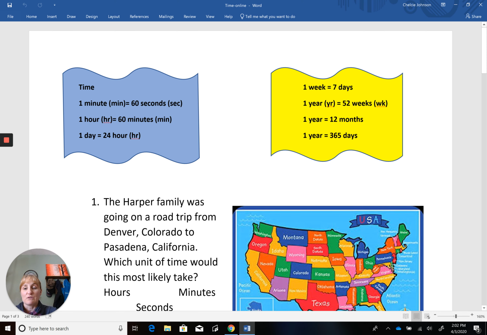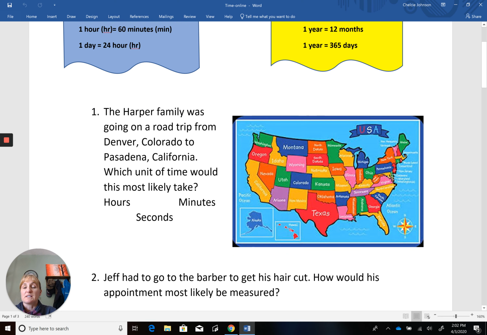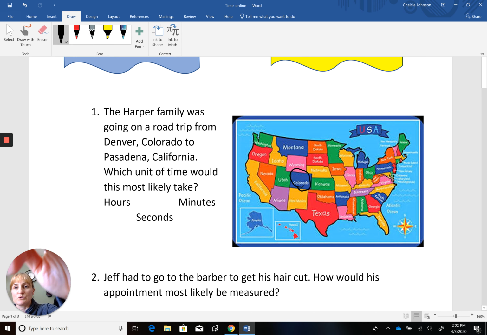So if we go down to number 1, it says the Harper family was going on a road trip from Denver, Colorado, which is, here's Colorado. Let me see what my draw tool looks like today. So there's Denver, Colorado, and then here's California.